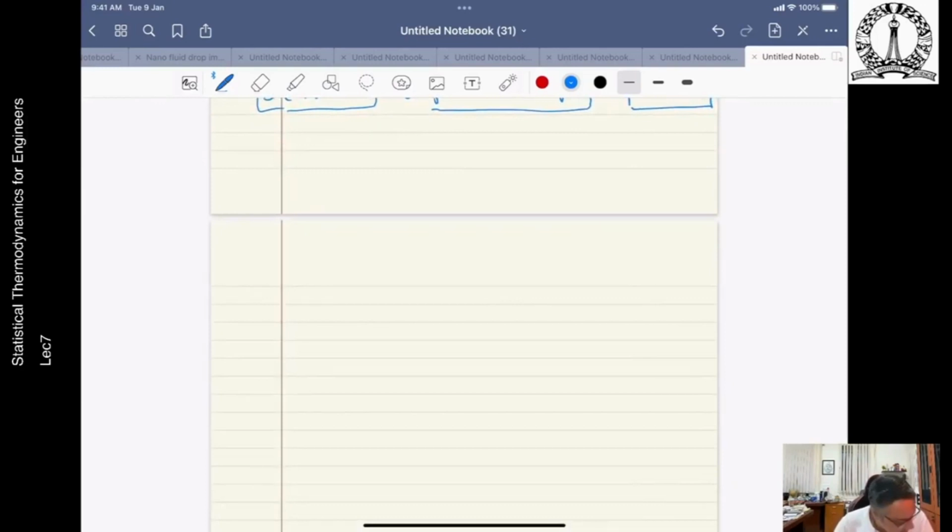So what we can say is that in the limit where n approaches infinity, ln of W most probable divided by ln W is almost equal to 1.